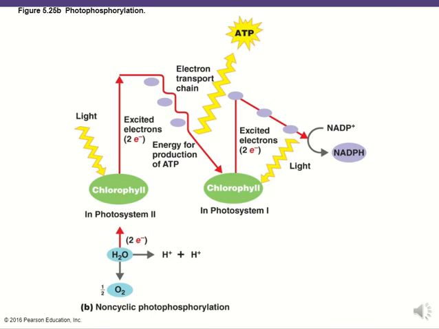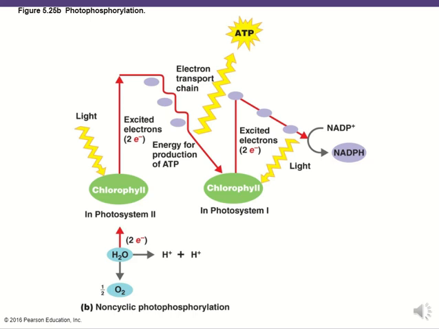Now, in the case of non-cyclic phosphorylation during photosynthesis, light can hit photosystem 2 protein complex in chlorophyll, which excites electrons that eventually go through an electron transport chain.